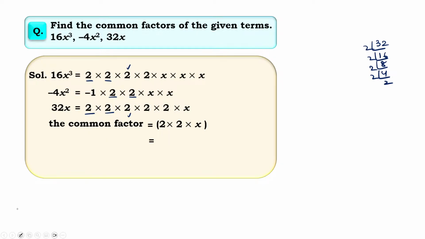Is that clear? So we have to consider only 2 2's followed by x. Of course x is there in the first 2 terms, but the second x is not there in the third term, so we cannot take it. We need that x in all the 3 terms. So the common factor here is 4x. No negative, because negative is there in only one term.